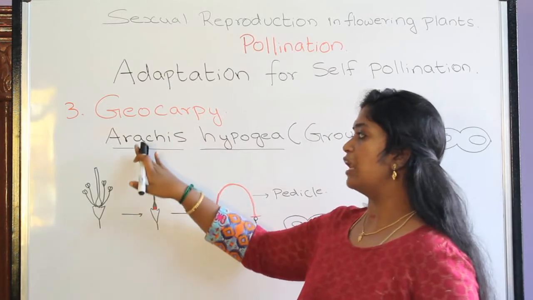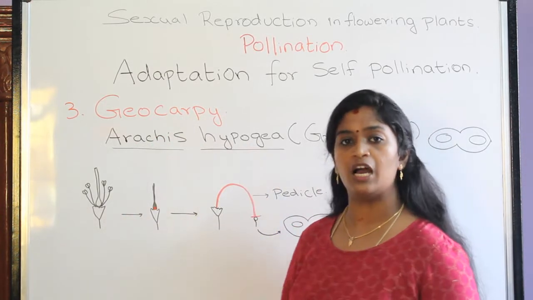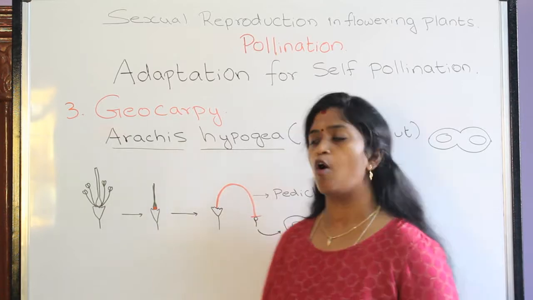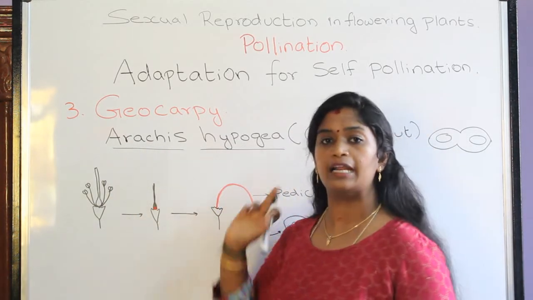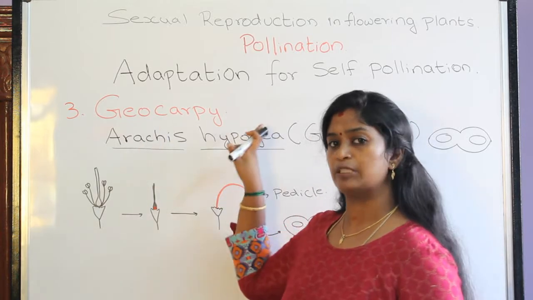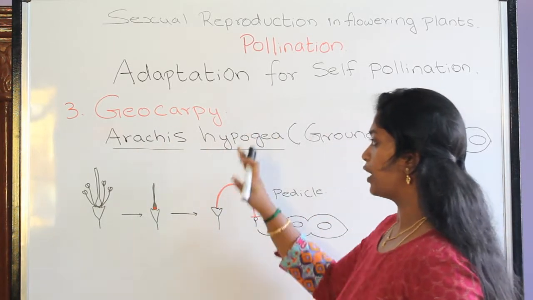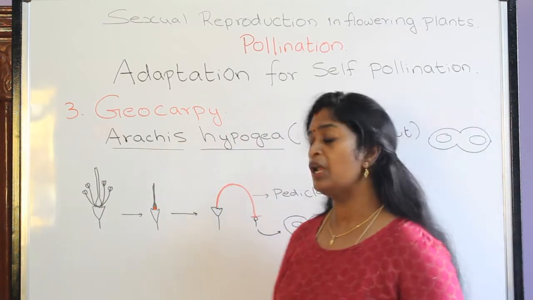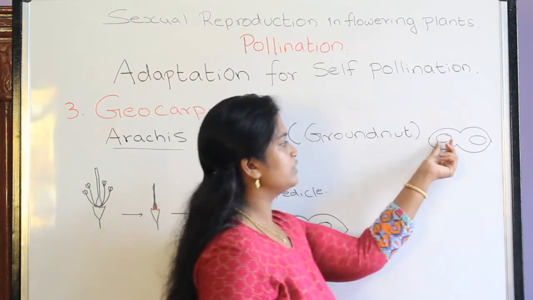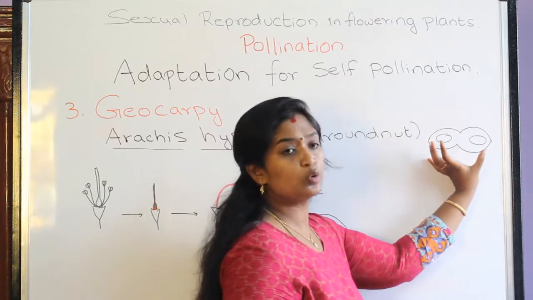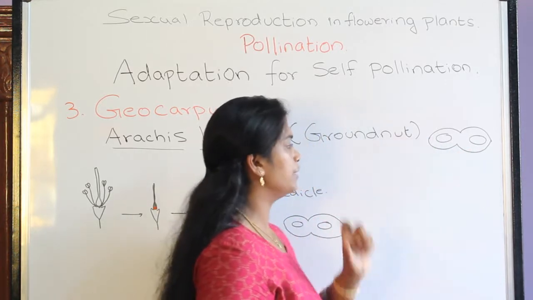The example is Arachis hypogea, which is the scientific name of groundnut. Since it is a scientific name, we have to underline the generic name as well as the species name. Coming to the groundnut, we have two compartments giving rise to the nuts, enclosed inside a single compartment.